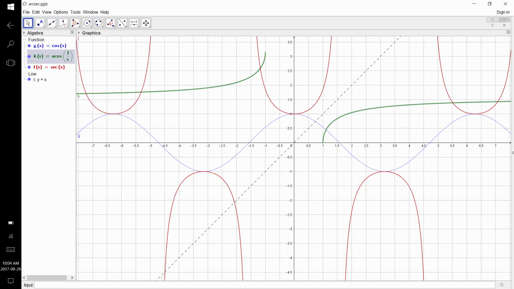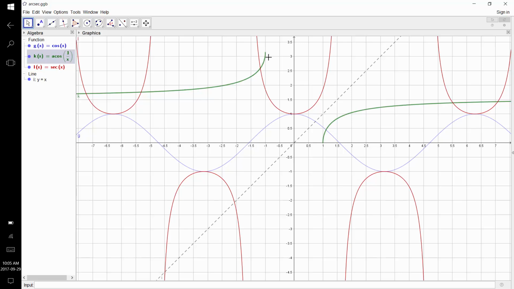So here's what GeoGebra gives you for the inverse secant function. Notice that this part of the secant graph, this first quadrant part, where our angles go from 0 up to pi over 2, gets reflected and becomes this part here. And where does this part come from? Well, that's coming from these angles here between pi over 2 and pi.